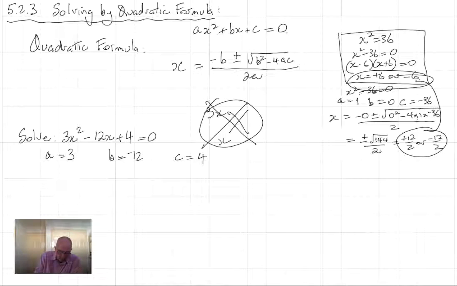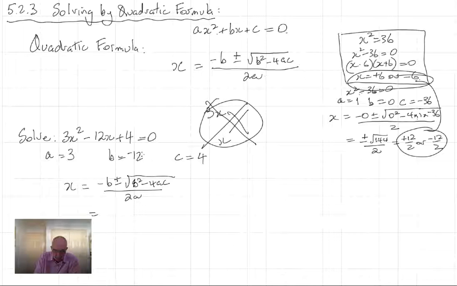We then quote the rule. Now, every time you do one in the tute, if you actually write this formula out, it's a good way to learn it. x equals minus b plus or minus square root of b squared minus 4ac, all over 2a, equals minus b, which is minus 12, so I'll put that down, plus or minus square root of negative 12 squared, b squared, minus 4 times the a value, 3, times the c value, 4, all over 2 times 3.